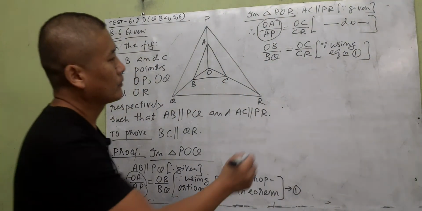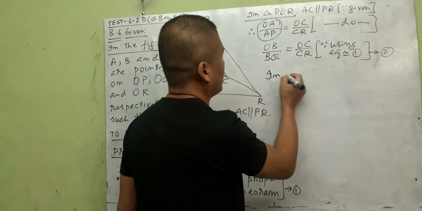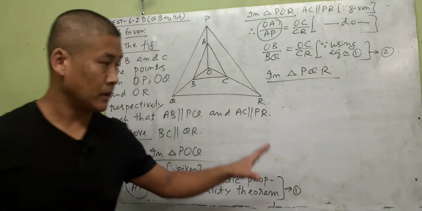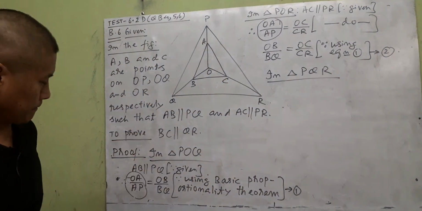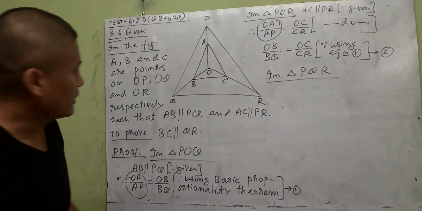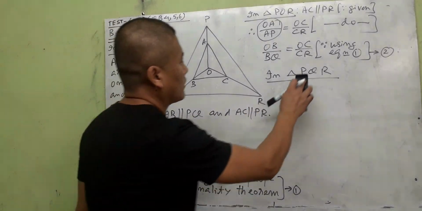So now you can put this one as equation number 2. And in the triangle, we have to prove BC parallel to QR, means this triangle OQR.